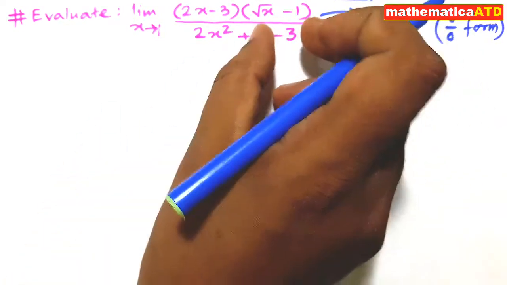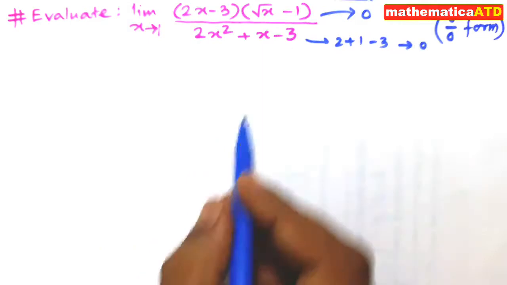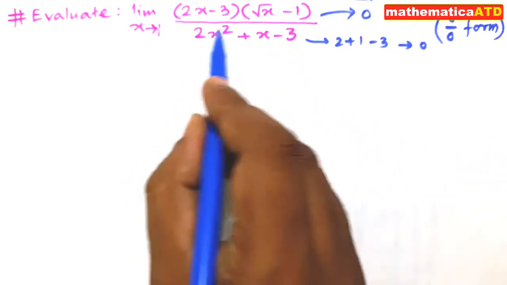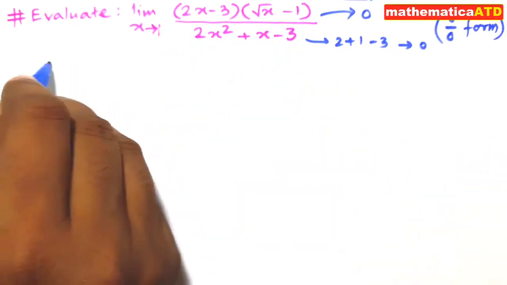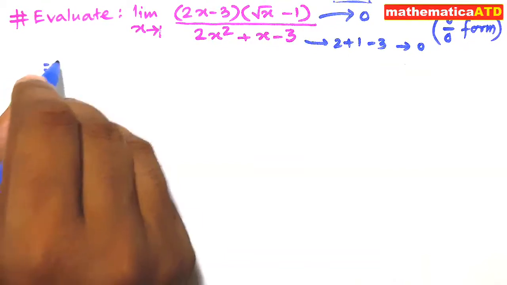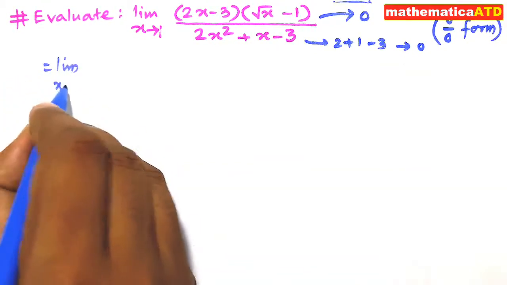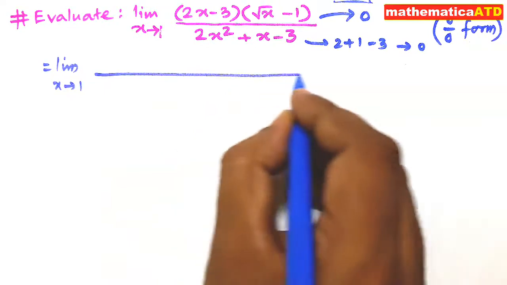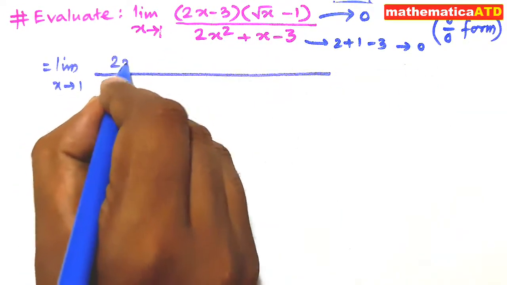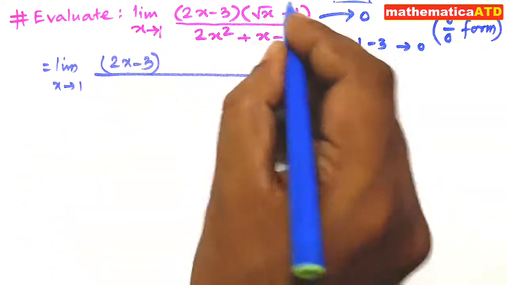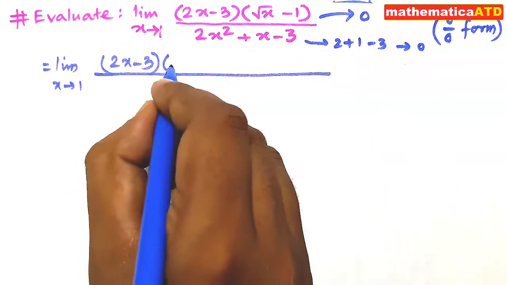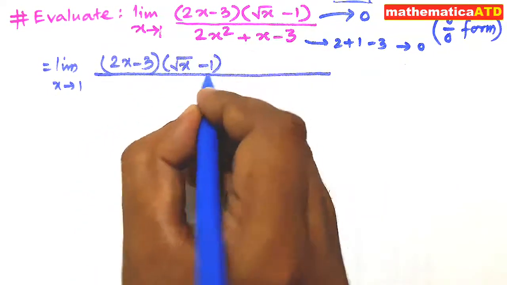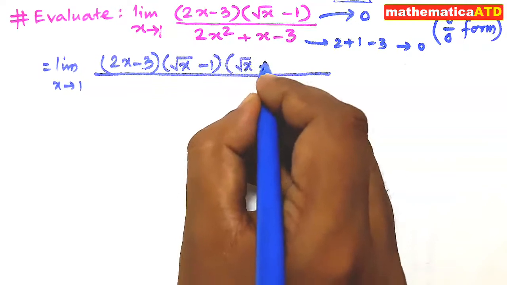Okay, so this part will be rationalized and the denominator will be factorized. So we are getting here limit x tends to 1. The numerator is 2x minus 3. Only this part will be rationalized. That means (root x minus 1) into (root x plus 1).